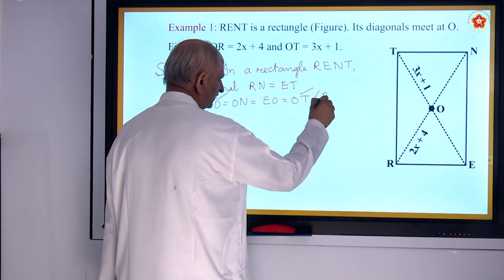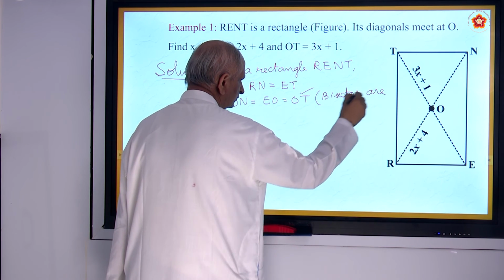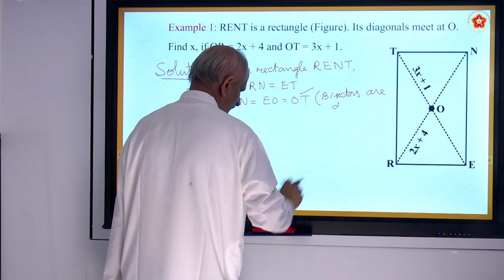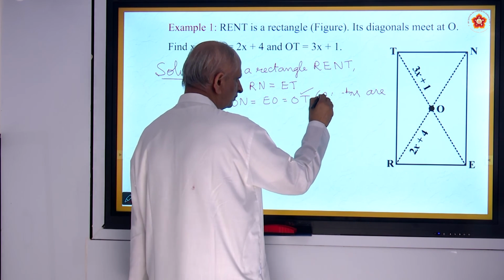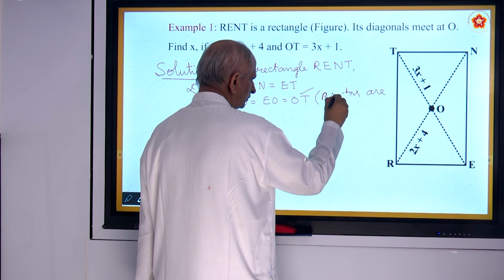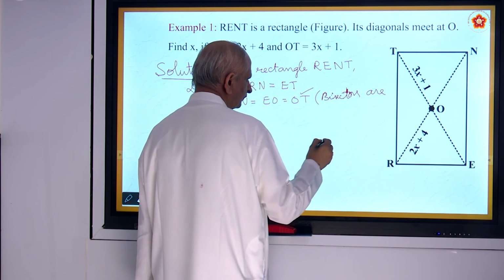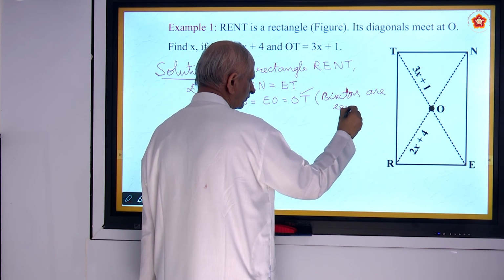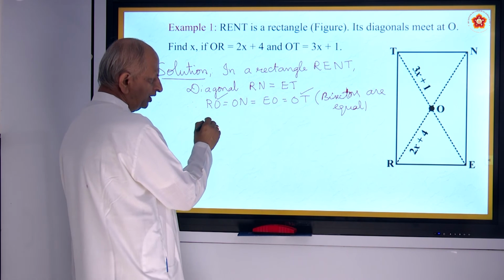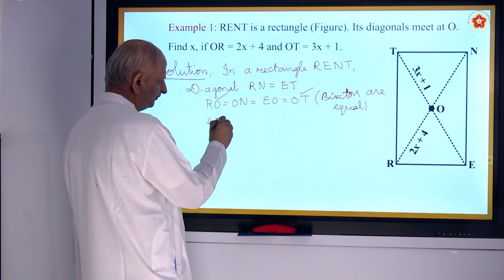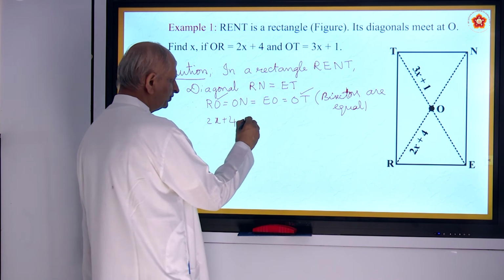So you can write bisectors are equal. Come on. What is RO called? RO is nothing but 2x plus 4. And what is OT called? 3x plus 1.